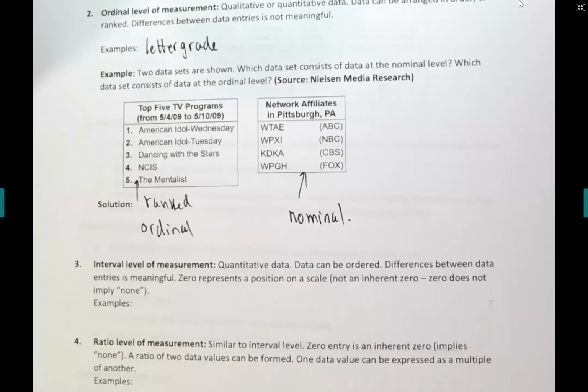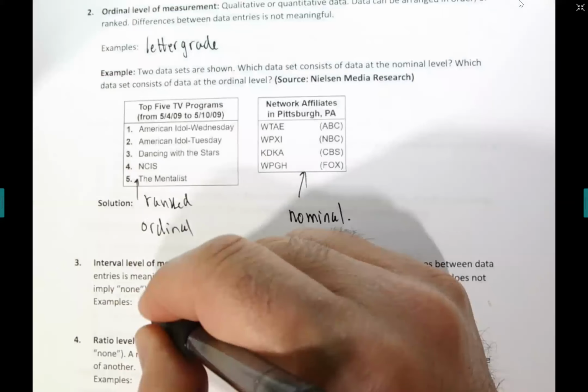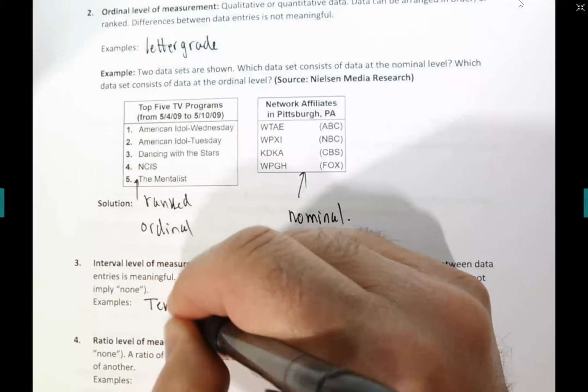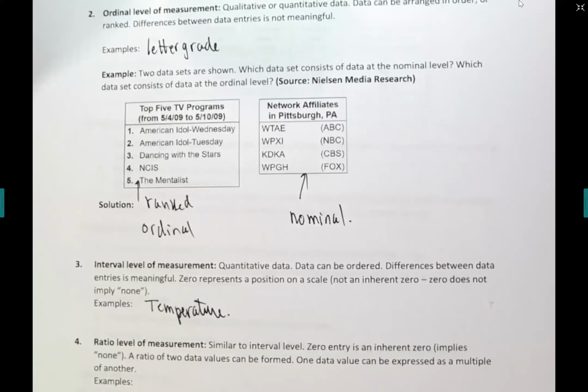Oh, temperature. Yes, this is the one. Temperature. That's the most common and important example. And let me tell you why temperature works. If the temperature today in Detroit is 80 and 78 in Livonia, the difference is 2 degrees, it makes sense.